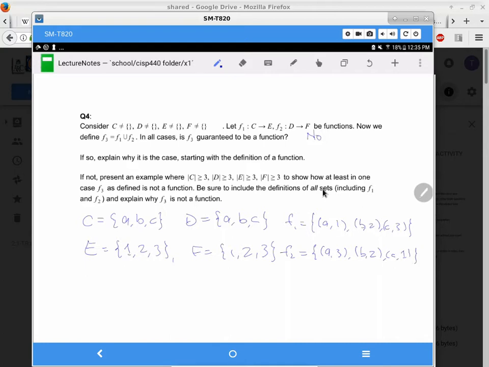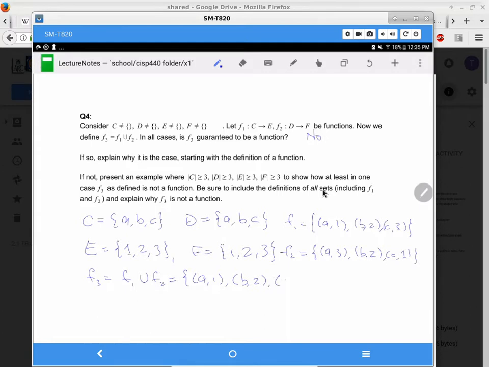Okay, so now when you look at the union, F3 is F1 union F2. So what kind of elements do you think it's going to have? It's going to have all the elements coming from one or the other set, right? So it's going to have (A,1), (B,2), but (B,2) only appears once because it is a set.